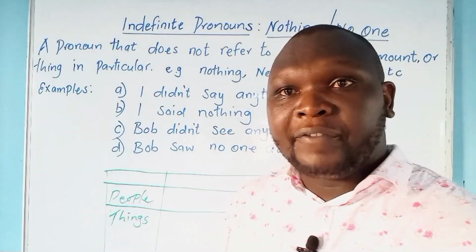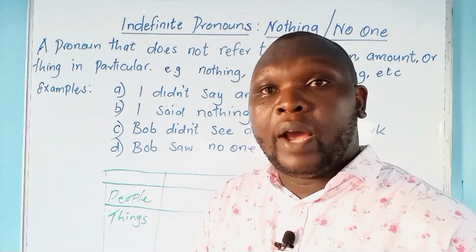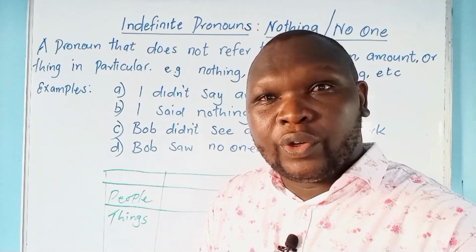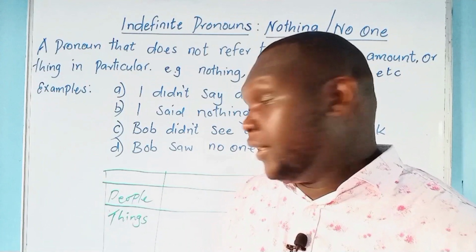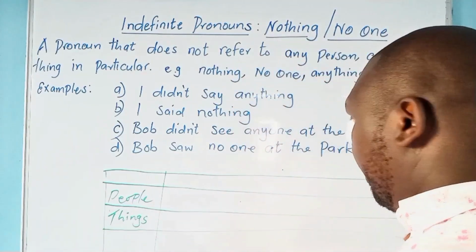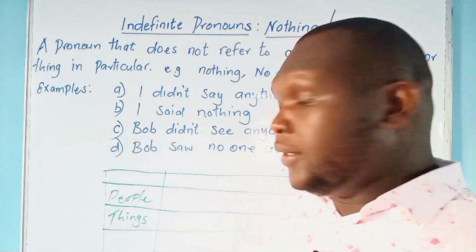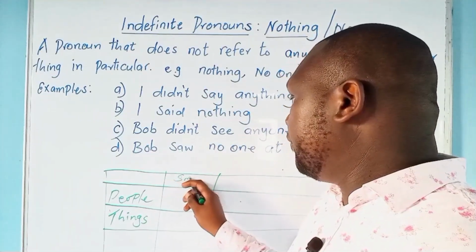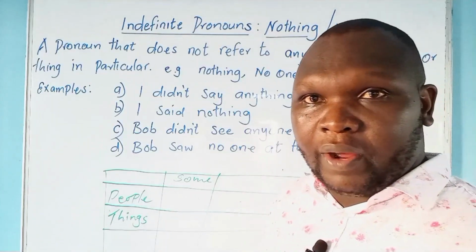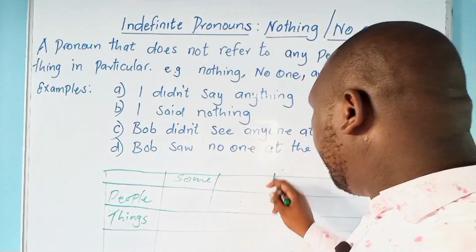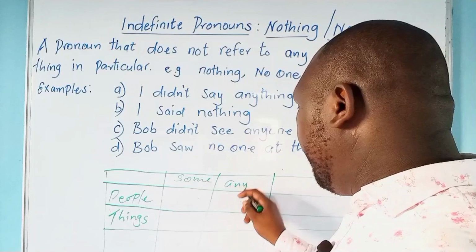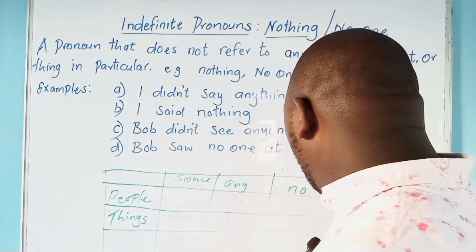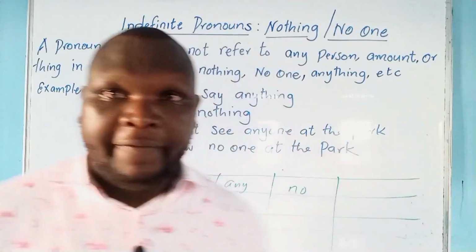Remember that I've told you that an indefinite pronoun does not refer to any person, amount, or thing in particular. That's why you can see here I've put people and things. Now here let's say we have some, let's create the indefinite pronouns using some here, and here let's say any, and here let's say no. And then we begin to make the indefinite pronouns.